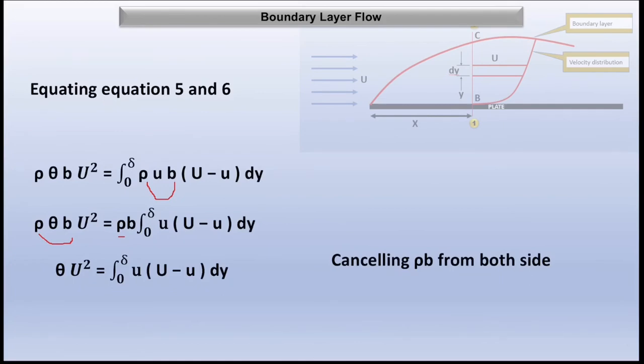Upon cancelling we get theta into U square is equal to the integral between limits 0 to delta of u (U minus u) dy. Now U square will divide this side, and theta is equal to the integral of u into (U minus u) over U square, with the other terms as they are.